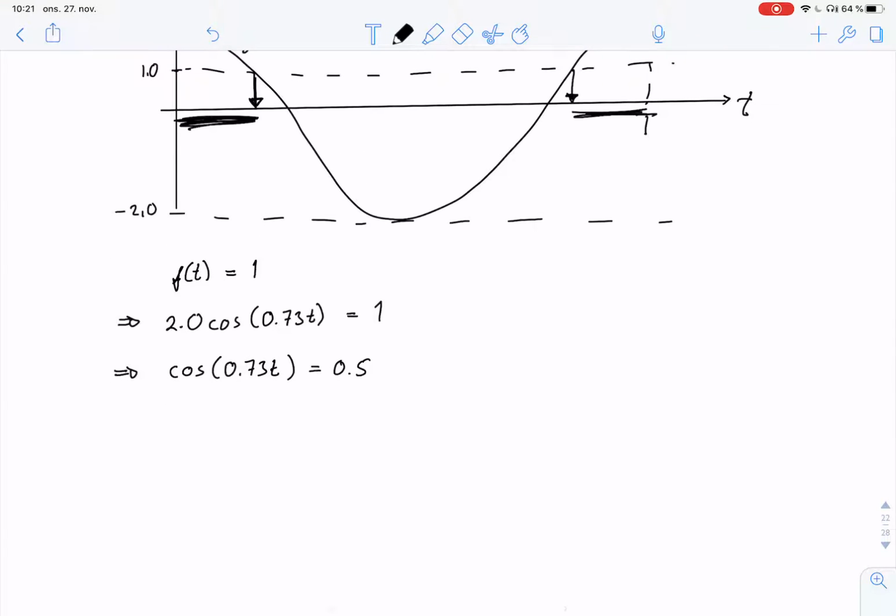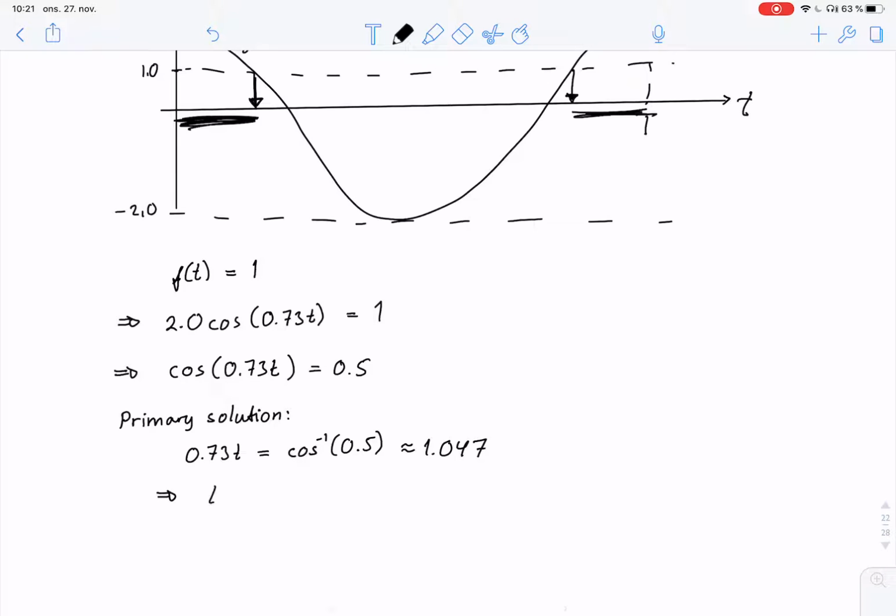Well, our primary solution would be when we simply take the inverse cosine. And the inverse cosine would be something like 1.047.